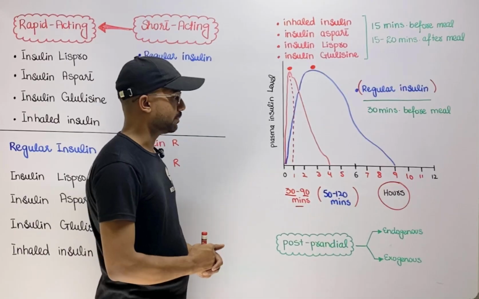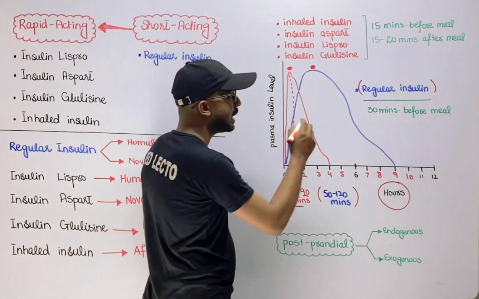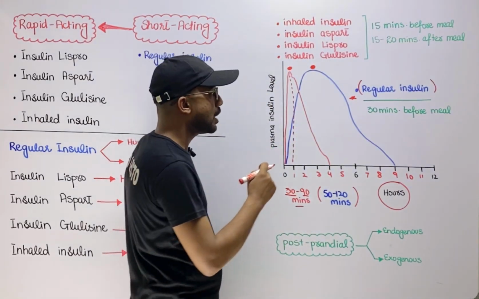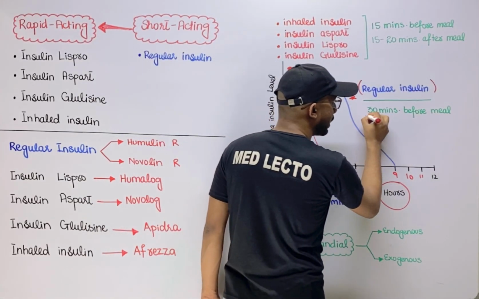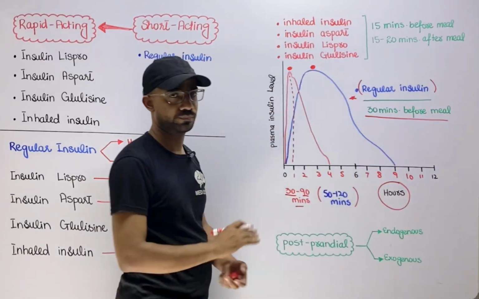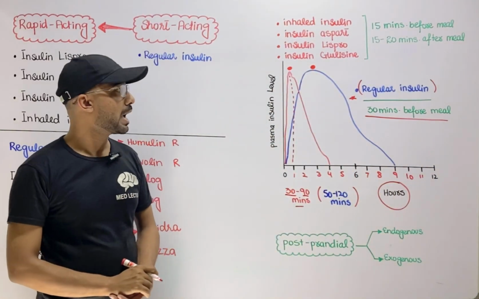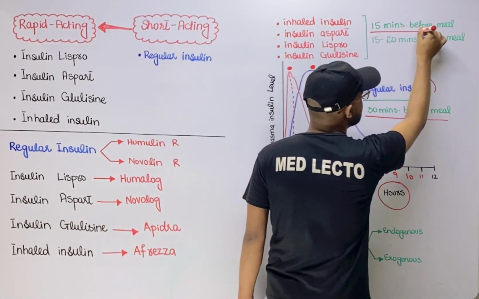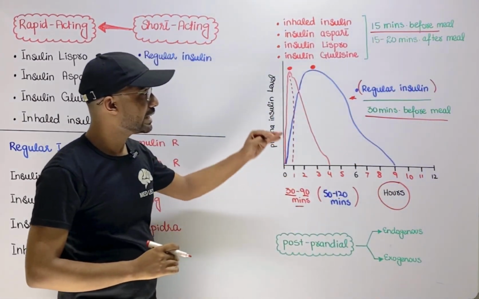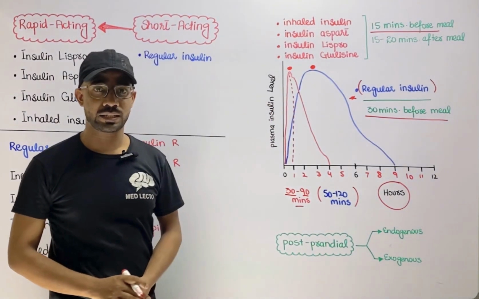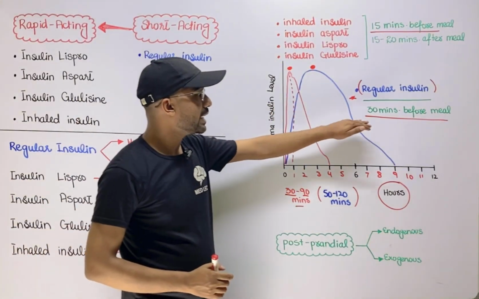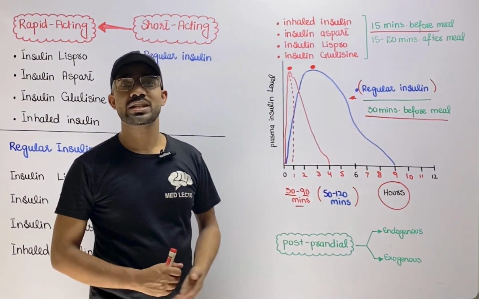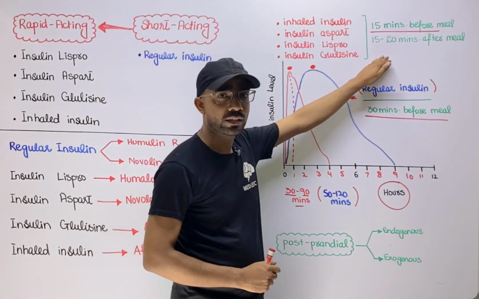Again, in case of regular insulin, the patient will administer it 30 minutes before taking any meal. So that is another important thing. But in case of rapid acting, you will see 15 minutes before the meal. Why is there a difference of 15 minutes? Because regular insulin is slower, it will take more time to reach the maximum level as compared to the rapid acting.